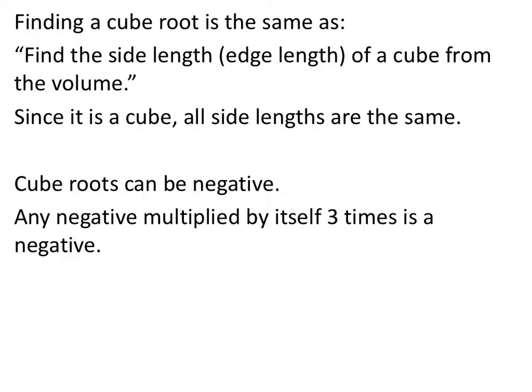Finding a cube root is the same as, we talked about that already. Cube roots, oh, this is cube roots, I'm sorry. This is the edge length of a cube from its volume. Okay, so we're looking at perfect cubes, which we've talked about before, right? Like 1 cubed is 1, 2 cubed is 8. When we were looking at the difference of cubes and the sum of cubes, right? 3 cubed is 27.